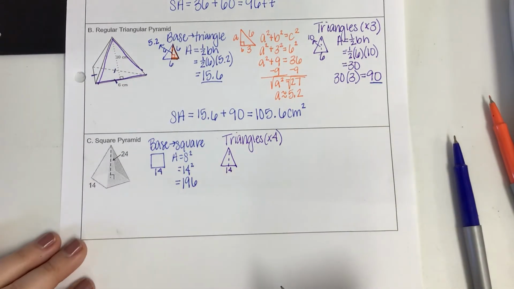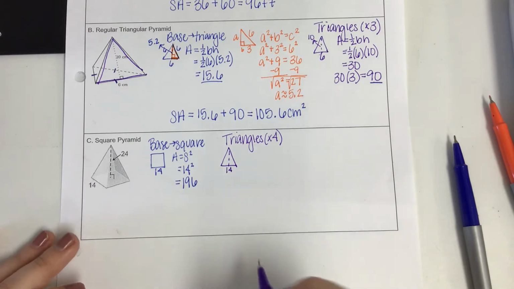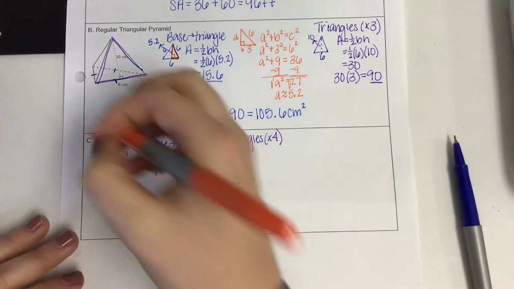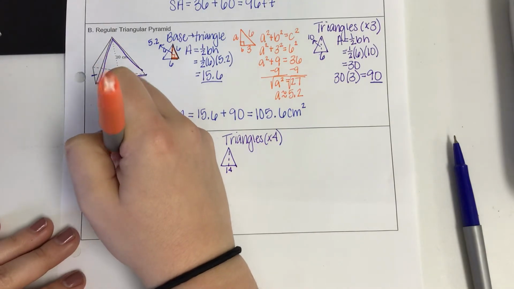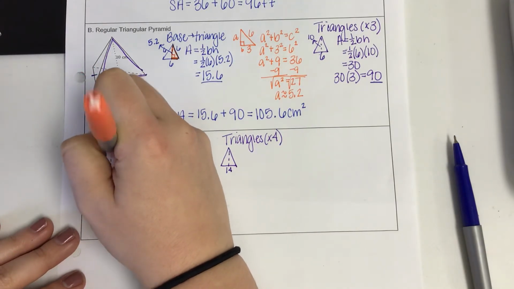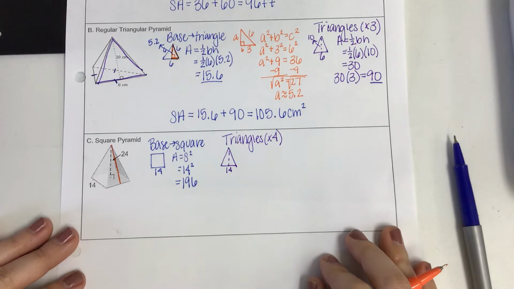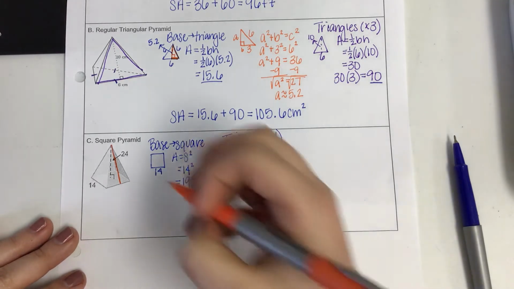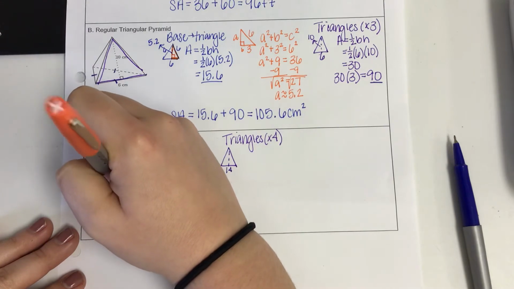But the height that I give us is the height of the pyramid, not our slant height. The height of my triangle is this orange line right here. I don't give you that number, and just like letter A, to figure this out, I need to make a right triangle.